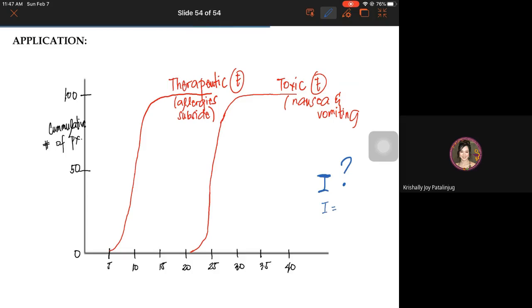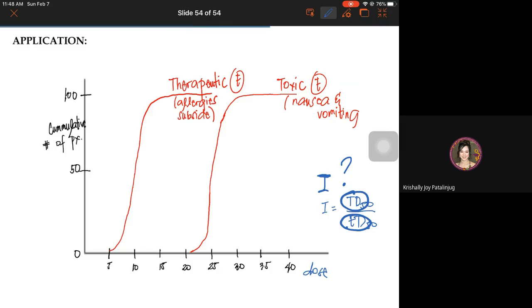Therapeutic index, that is the ratio of TD50 over ED50. So you have to plot first: saang dose dito yung toxic dose in 50% of a given population, saan naman yung effective dose in 50% of a given population.